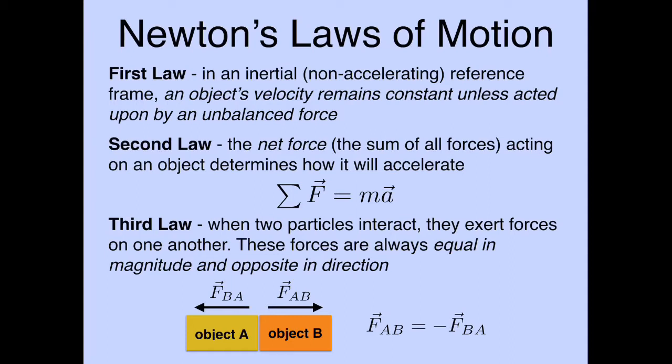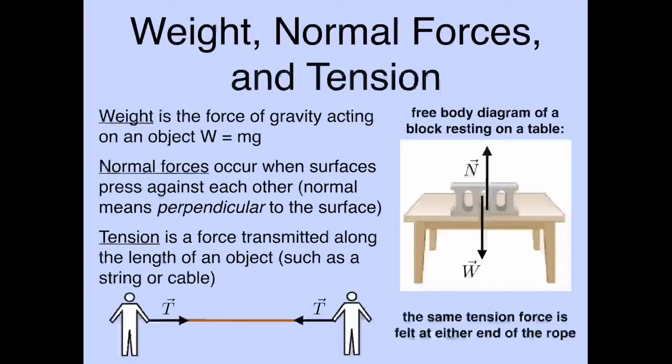But they have the same magnitude. They're just as strong when you compare their magnitudes. So one way of writing this in a simple way is FAB, that's the force that A exerts onto B, is minus the force that B exerts onto A. That way we're saying they point in different directions, but they have the same magnitude. Okay, that's the third law.